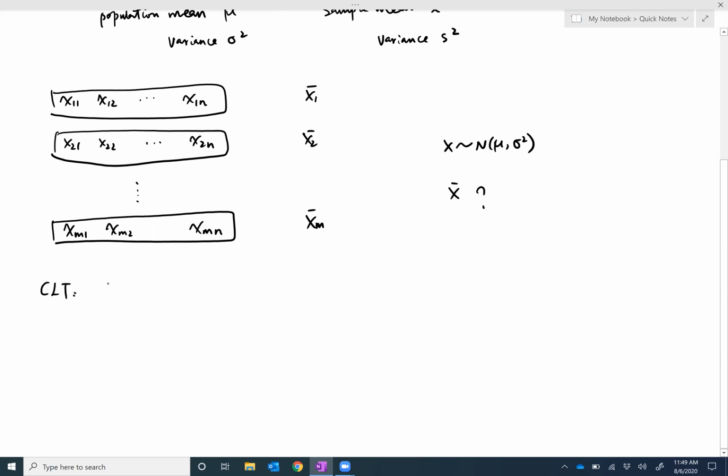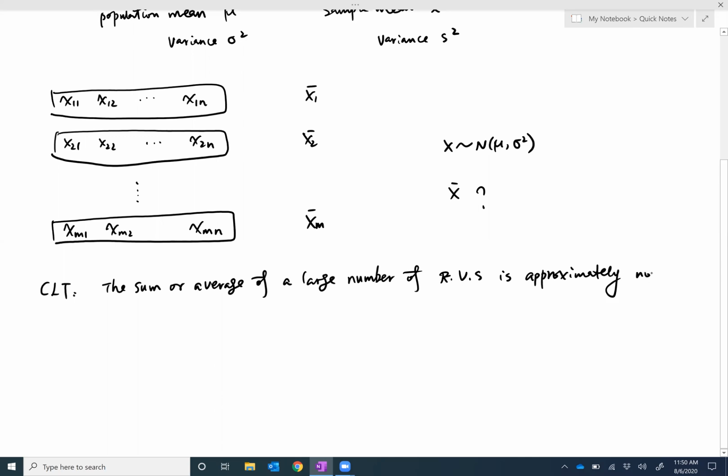The fundamental idea is the sum or average of a large number of random variables is approximately normal.